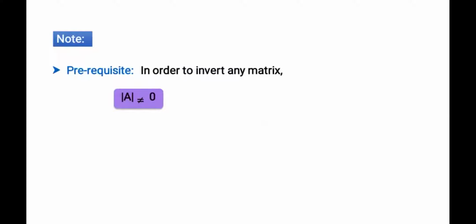Now there's a note you need to remember. If you want to find whether a particular matrix has its inverse or not, note that every matrix cannot have an inverse. To have an inverse, a matrix should be a square matrix, and the determinant of A should not be equal to 0.